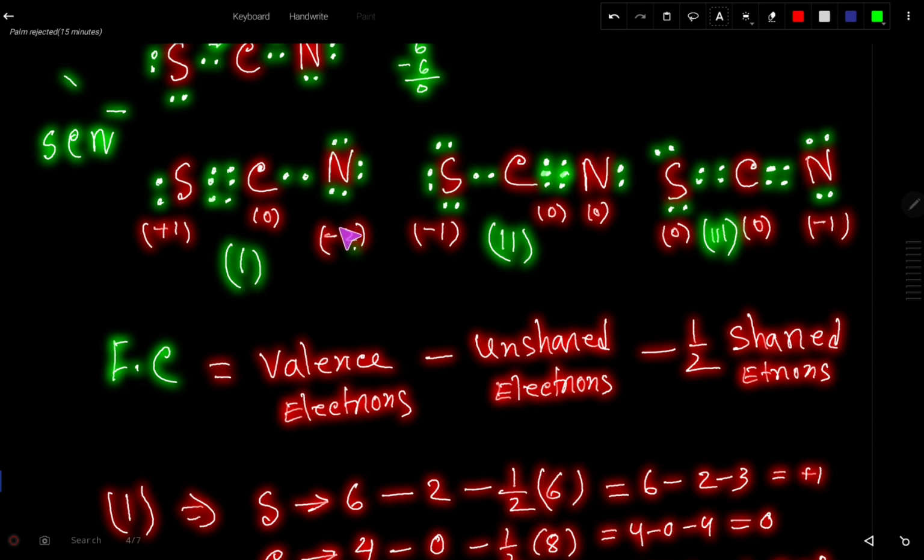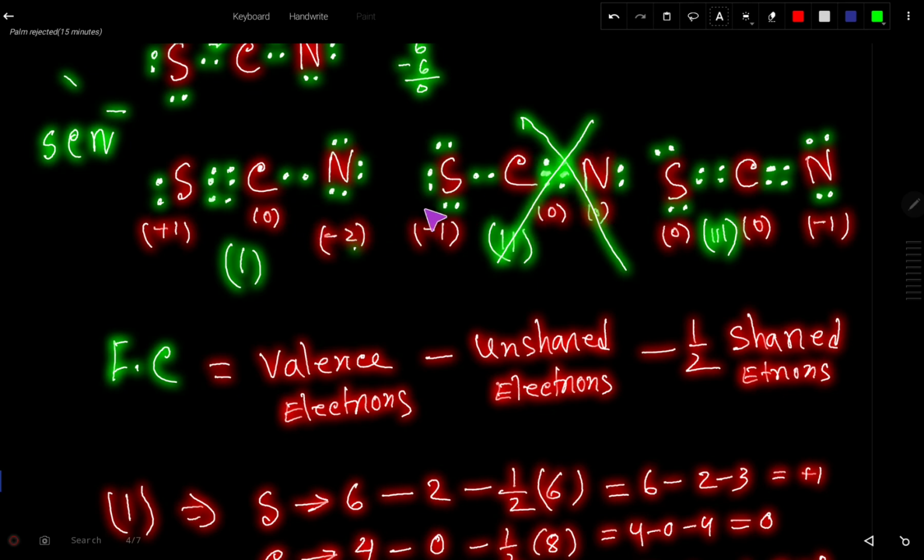So this can be, but look, here nitrogen has 0 and sulfur is -1. You know that nitrogen is more electronegative than sulfur, so the negative charge should be on nitrogen. So this structure is not accepted.